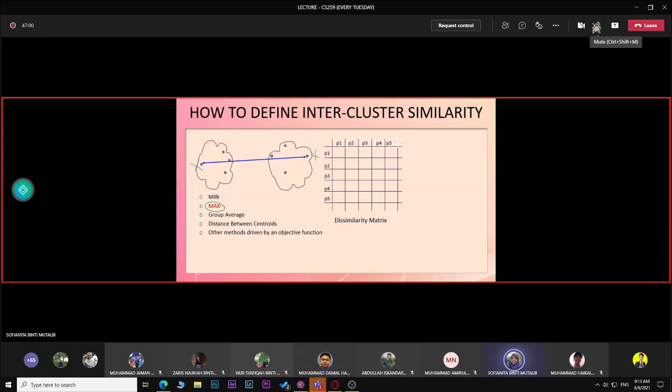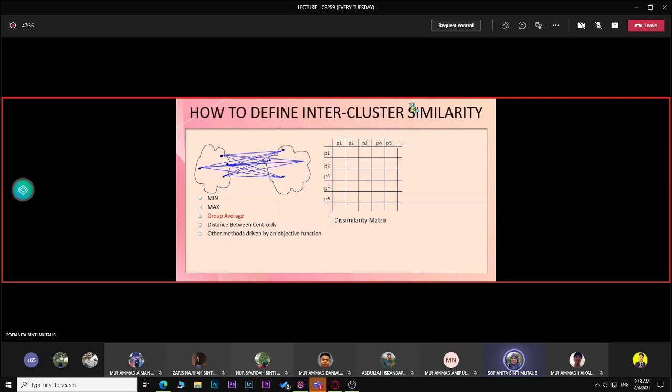Boleh tak? Yes. Okay, how about group average? Any idea? Mean. Okay, group average will be equivalent to mean. What does it mean? Di sini pula dia lebih kompleks yang mana dia pakai semua distance objects in both cluster. So, how to look at it? It will be like this, right?